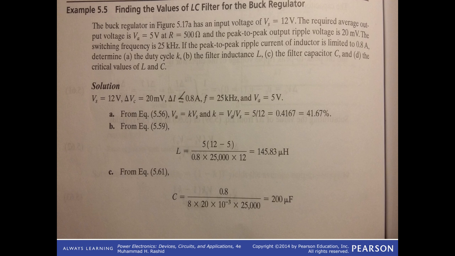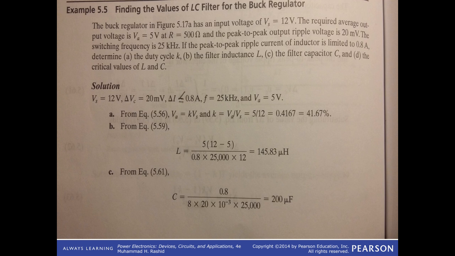Bir daha yapacağım. 35, divided by 0.8, divided by 25, divided by 12, equal 0.145.